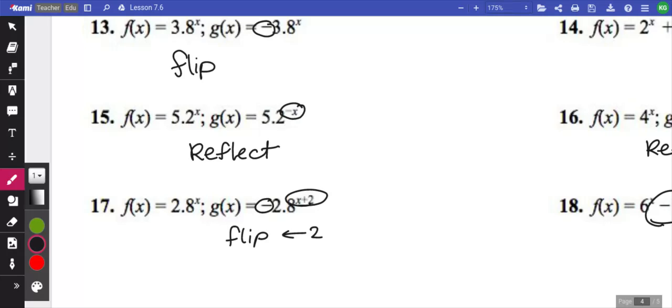It's just reflected, so instead of a growth, now it is a decay. And then if we put the negative out front for the flip, so if I had negative 5.2 to the x, so if it looked like this, then my first one would look like that blue still. And then when I flip it, it goes upside down, so it would look like that.